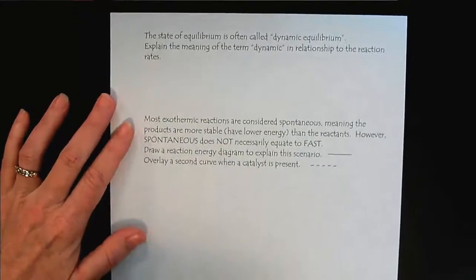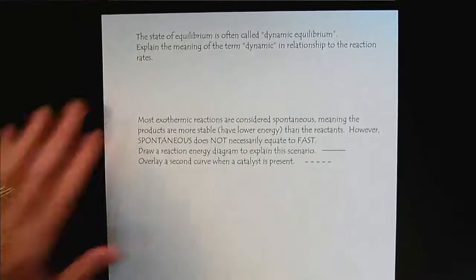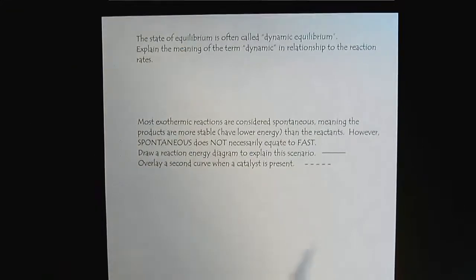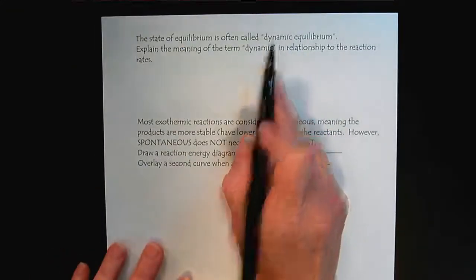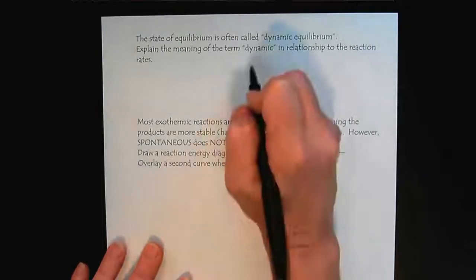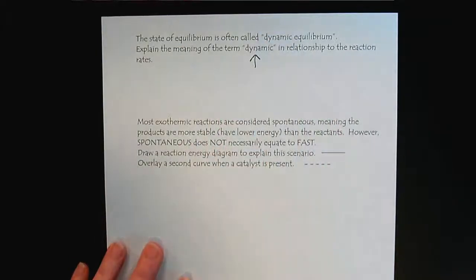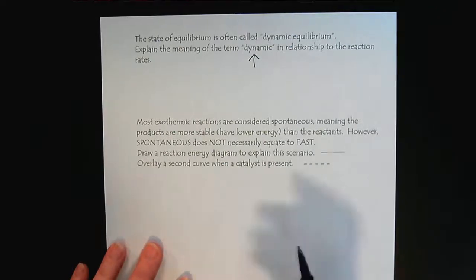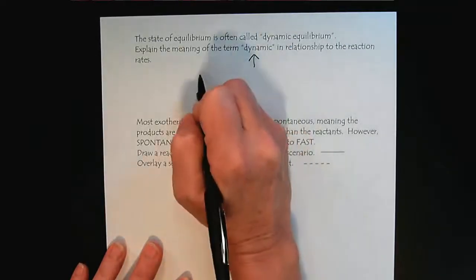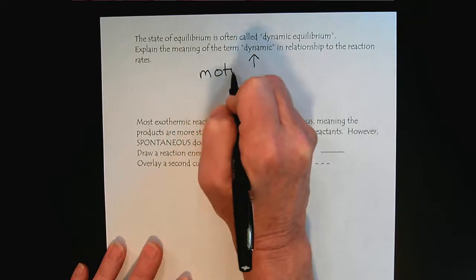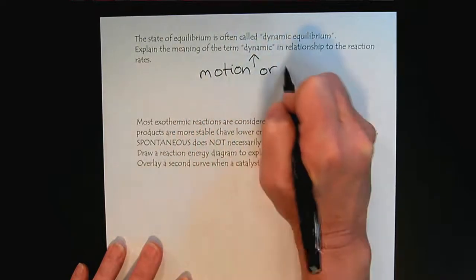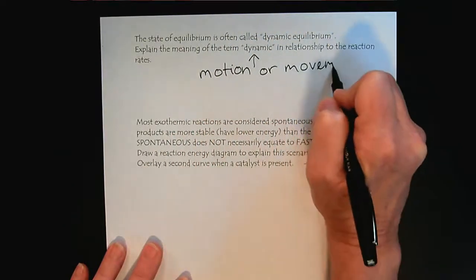And because this is such an essential aspect of equilibrium, sometimes you'll hear it referred to as dynamic equilibrium. All right? So why is the term dynamic often used to describe equilibrium? If you look in the dictionary, you'll see that dynamic is defined as related to motion or movement.